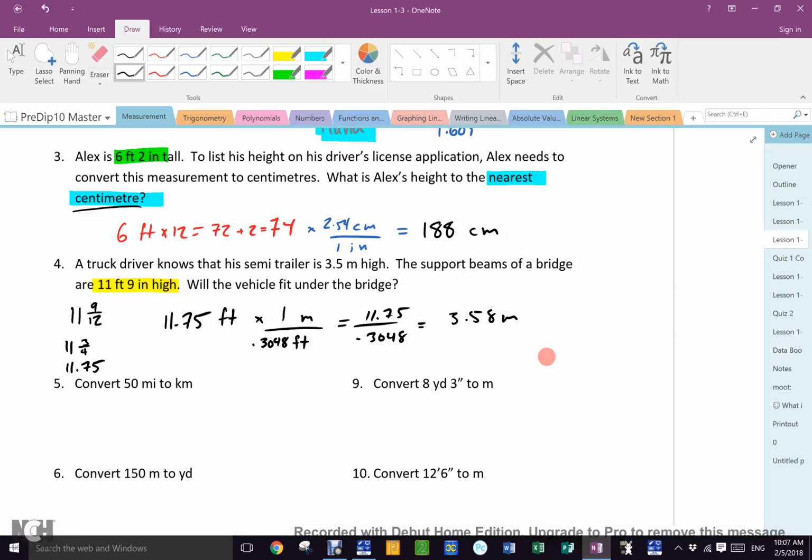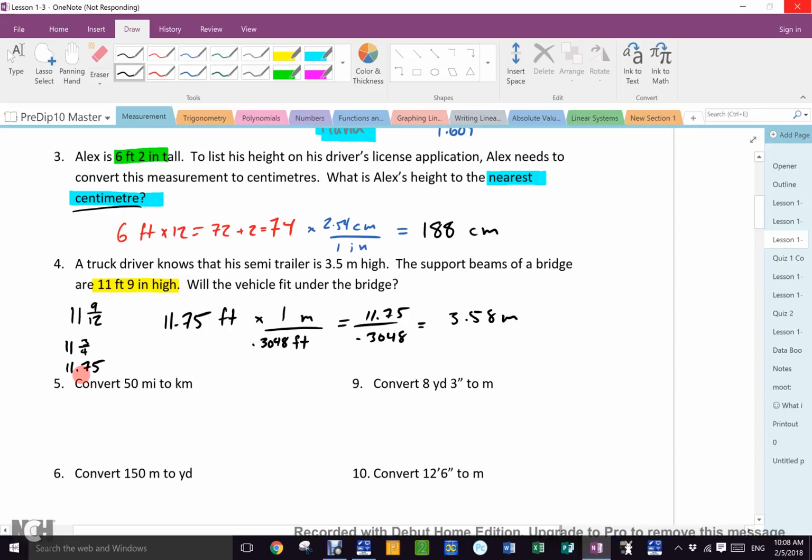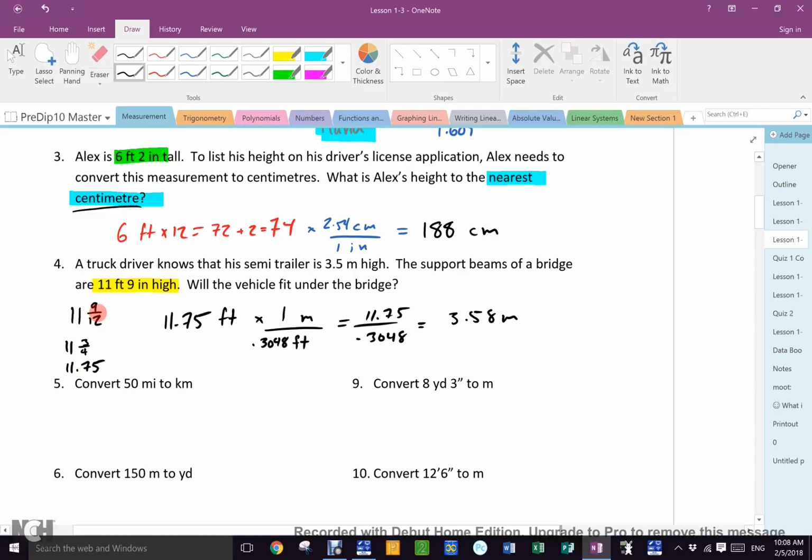I don't care which way you do it. The point I'm trying to make is sometimes you can use this little shortcut because you need to remember that 9/12, 3/4, 0.75. And you can use that all the time. Okay? Remember, you can use the fractions to your advantage.